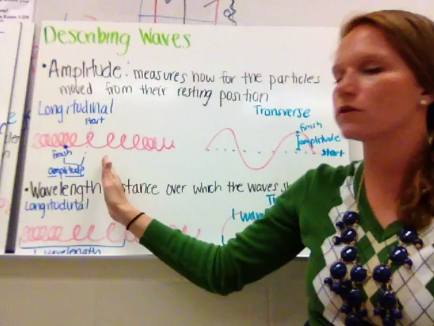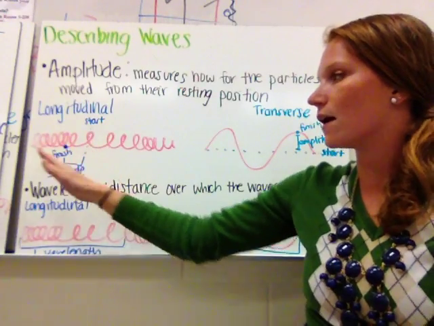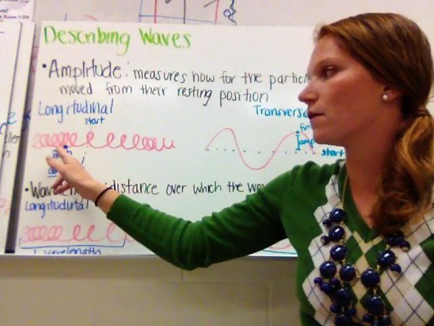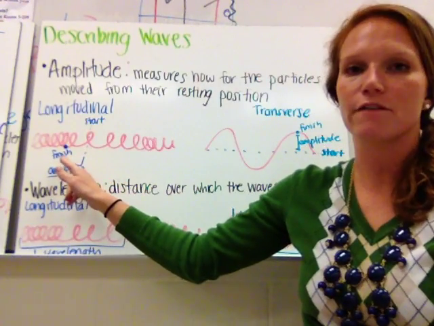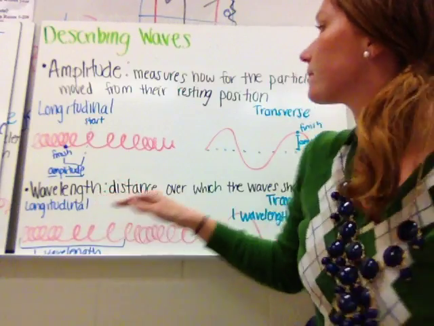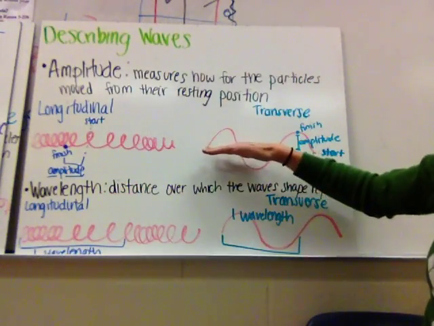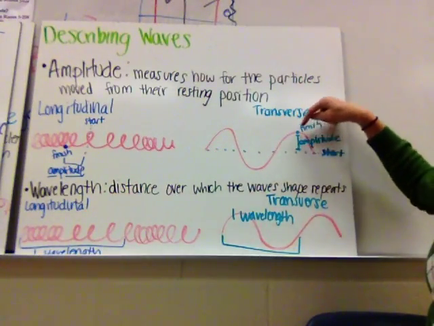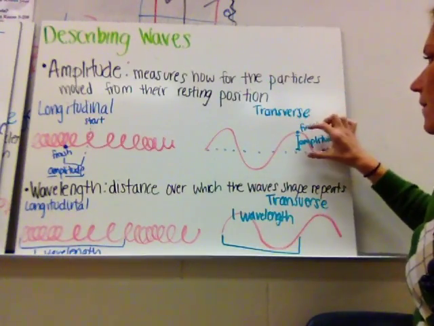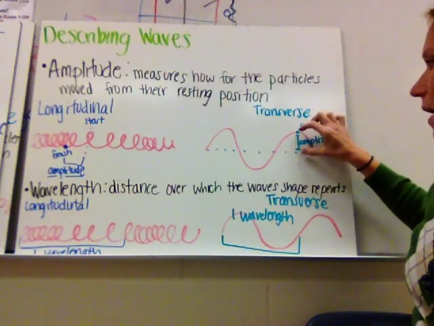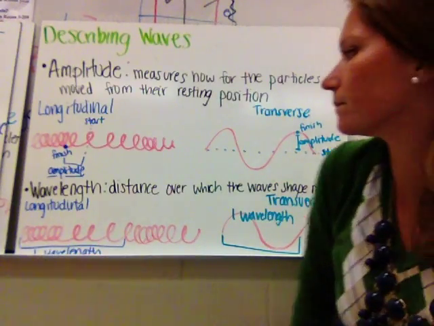If this is where the particle started, along this line, and now the wave is coming by, the farthest it might have gone was way over here. That distance between where it started and where it finished would be that amplitude. In a transverse wave, you've got your resting position, and at the very top of the wave, or bottom, depending on what that particle did, that distance between the start and where it went would be the amplitude.